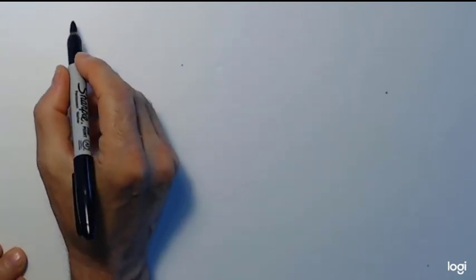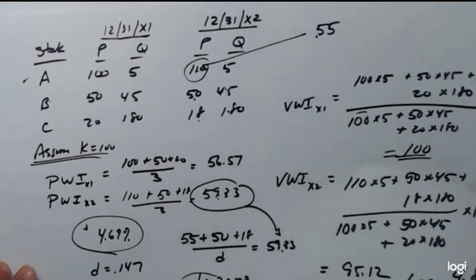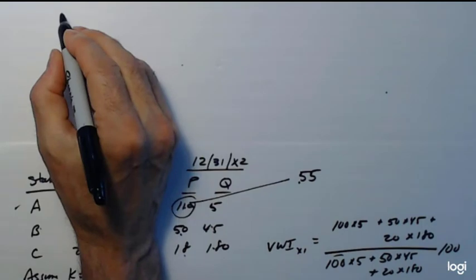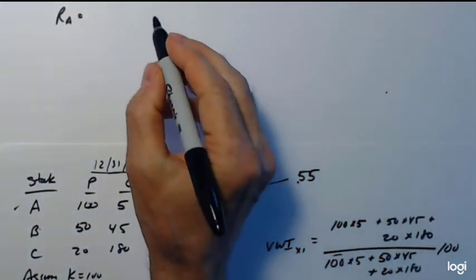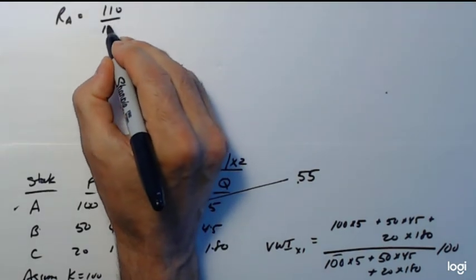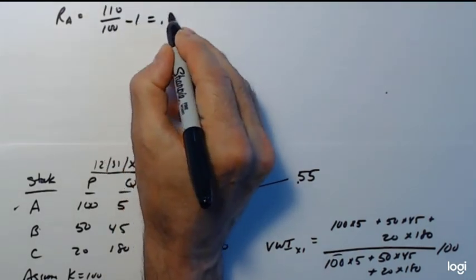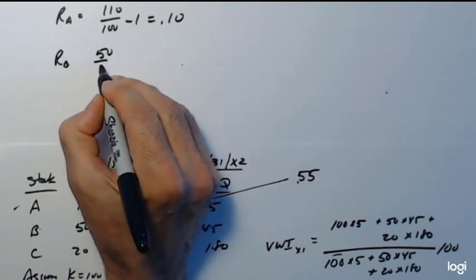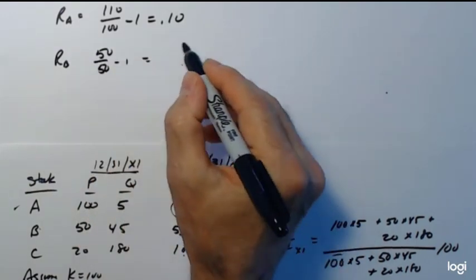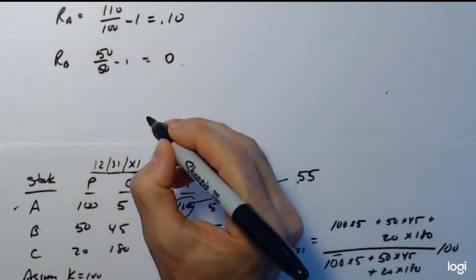So with this portfolio we were just looking at right here, let's look at the return of stock A. And the return of stock A is simply take 110 divided by 100 minus 1, that's 10%. Return B is 50 divided by 50 minus 1, just a different way of calculating returns. That return is 0.